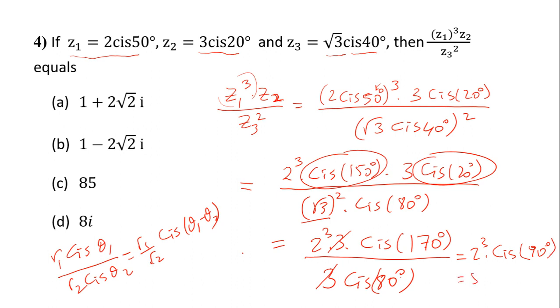So it will be 8 times cosine 90 plus I sine 90, which will give us 8 times cosine 90 is 0. And here I forgot I, there has to be an I here. I times 1, so the answer will be 8I then. So the answer is D.